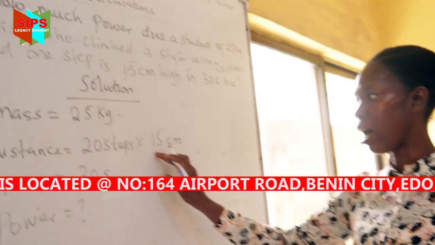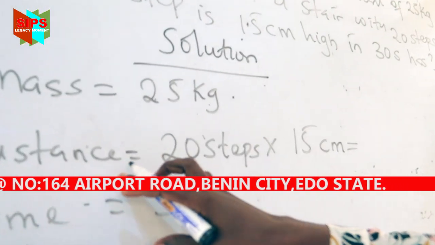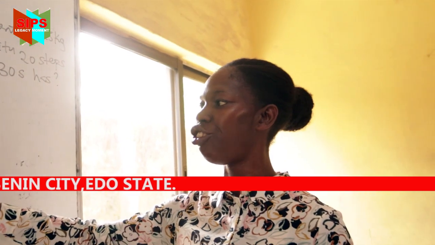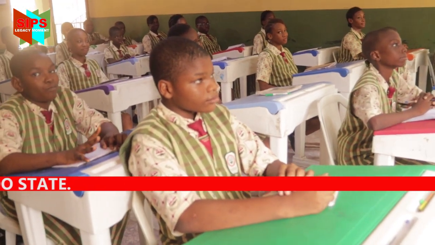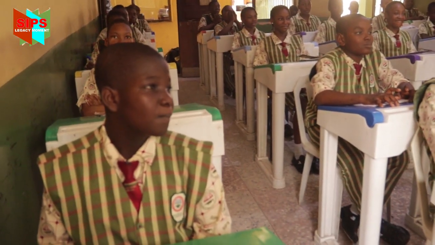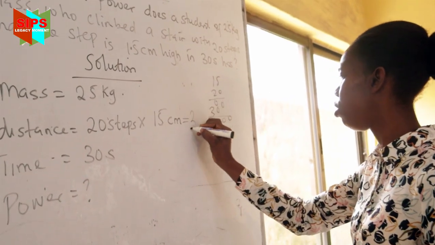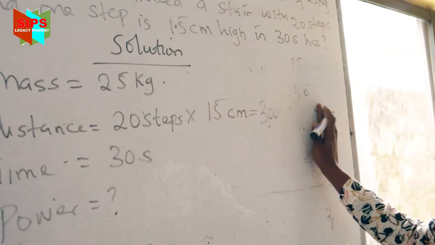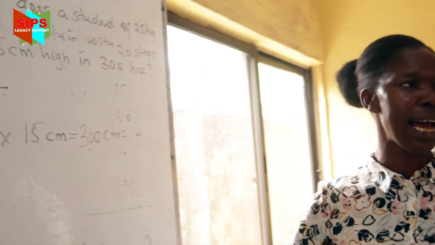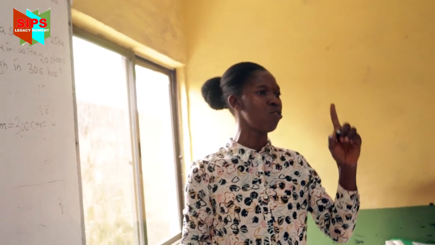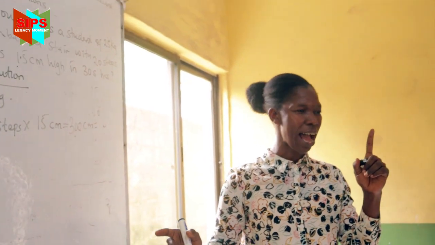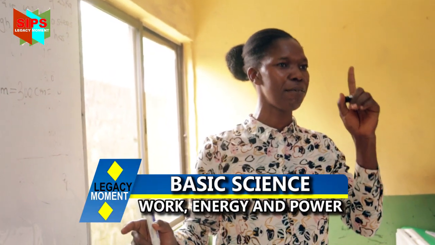Now, we have to calculate for the total distance covered because he climbed 20 steps and each is 15 centimeters. So 20 times 15 becomes what? So you have 300 centimeters. But you remember that the standard unit for distance is meter and not what? Centimeter.